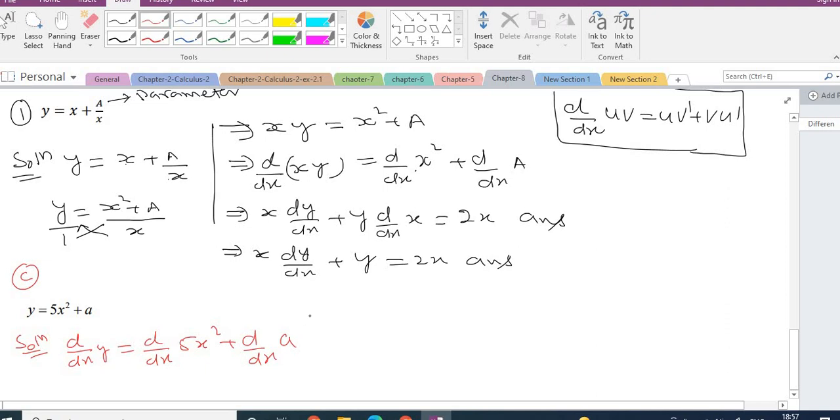That is, dy/dx equals 10x plus 0, since d/dx of a is 0. There is no parameter, so this is the answer of the question, my dear students.